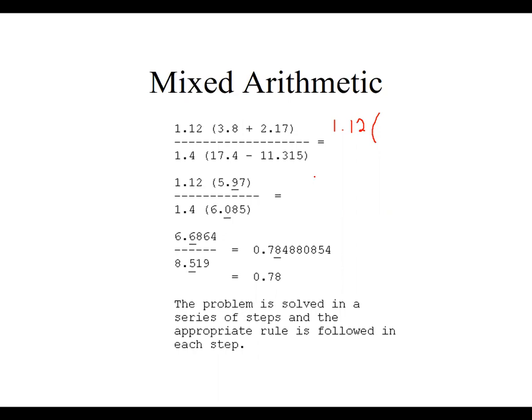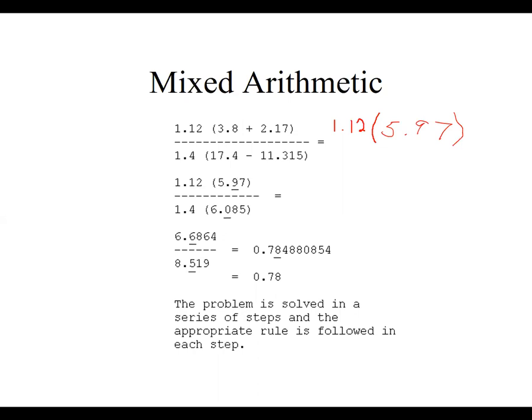And that gives me 5.97. So in the parentheses, I'm going to write 5.97.